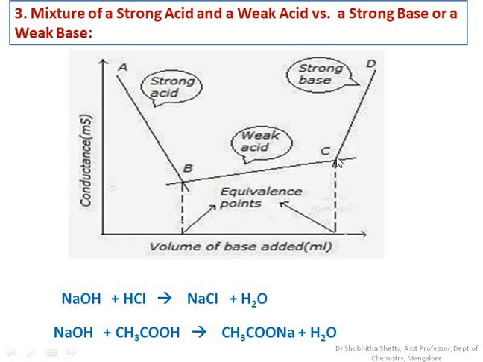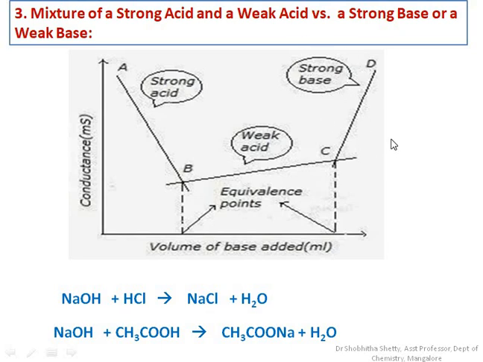After this point there is no more H plus available from HCl as well as from acetic acid. It has neutralized completely. So whatever sodium hydroxide you add from the burette gets accumulated in the beaker, and the conductance value shows a sharp increase because of the presence of the strong base.